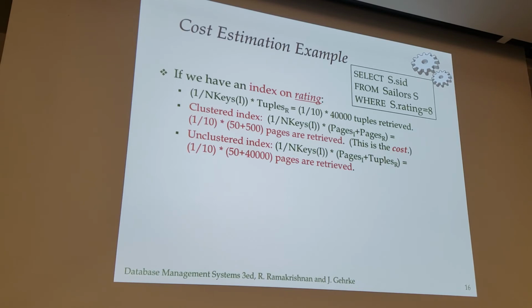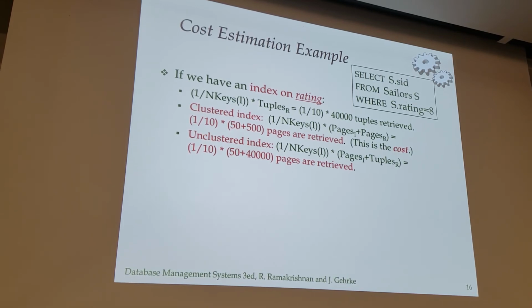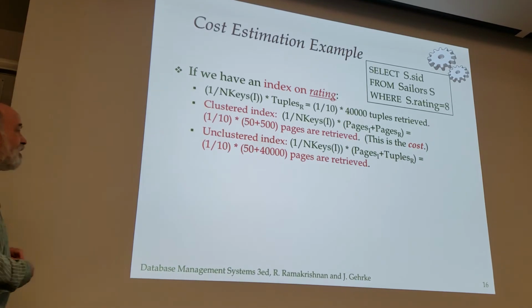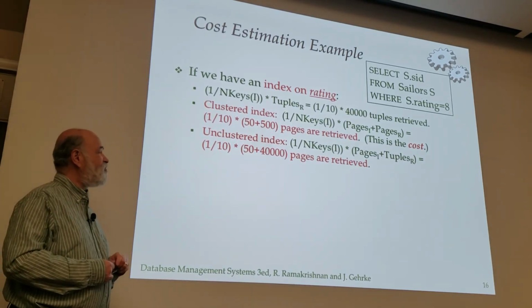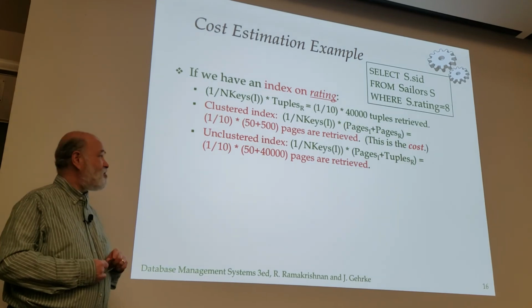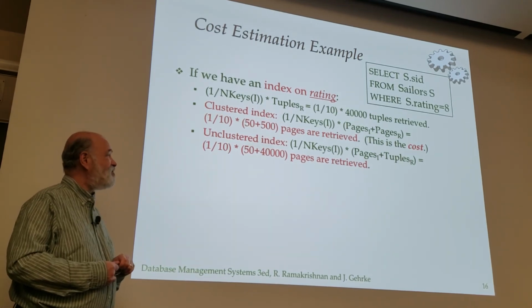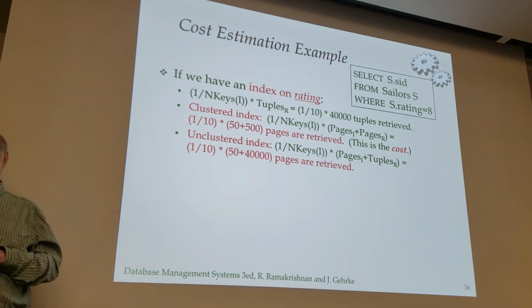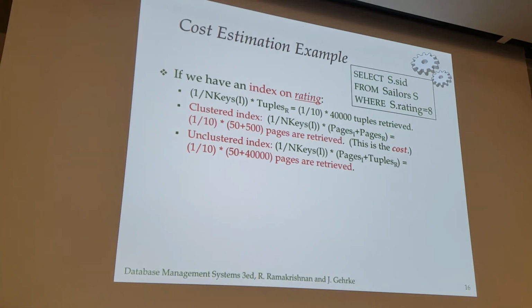And then for each of the tuples that's in the answer, you're going to be doing a disk IO. So again, that's the fix that I need to do on the other slide. You're going to be touching 1/10 of the pages that you have inside the index, exactly as it was for the clustered index.